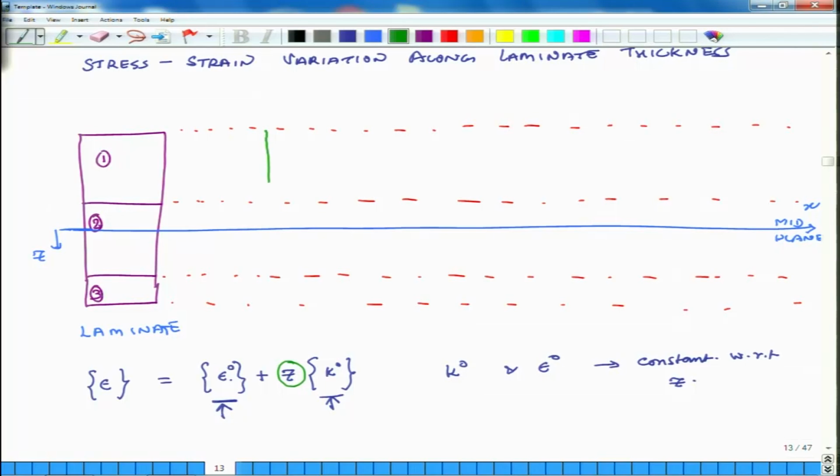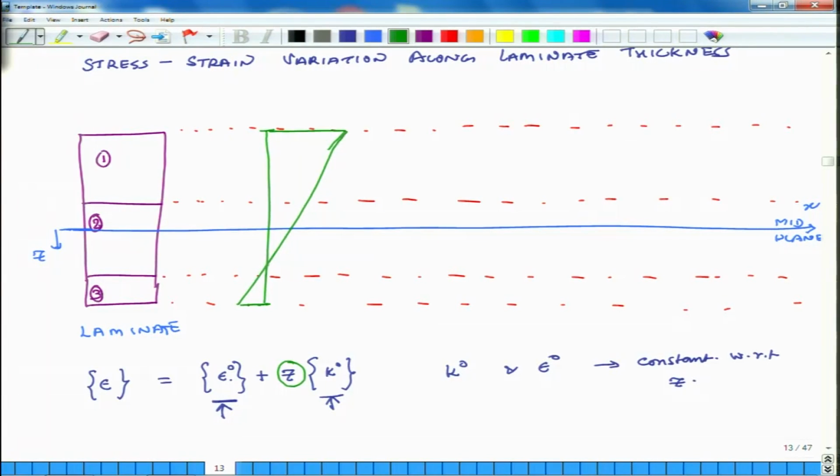So, if this is the thickness, it may be that strain is very large number here, and it may be doing this. Okay. It varies linearly across the thickness of the plate.